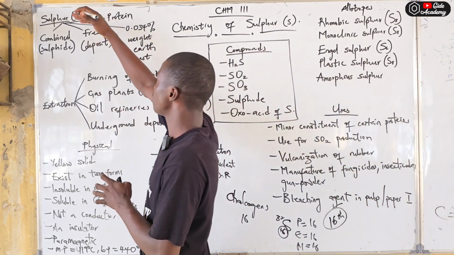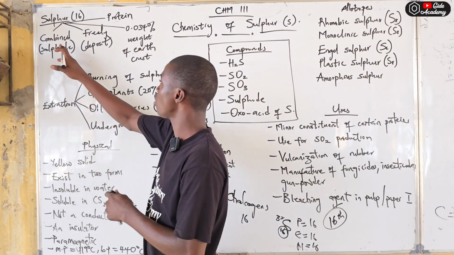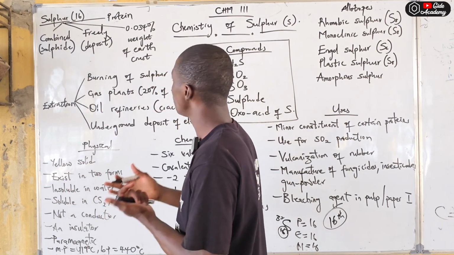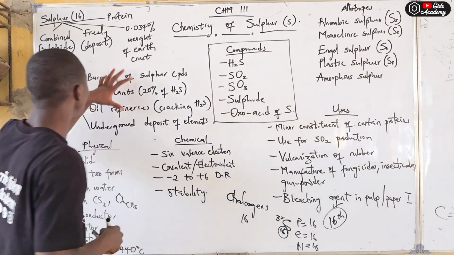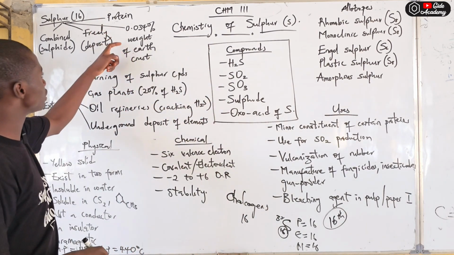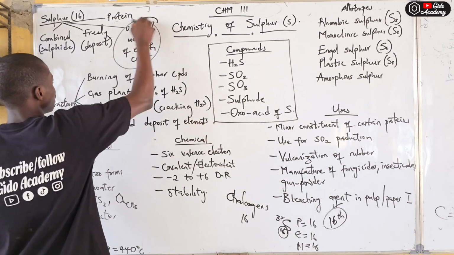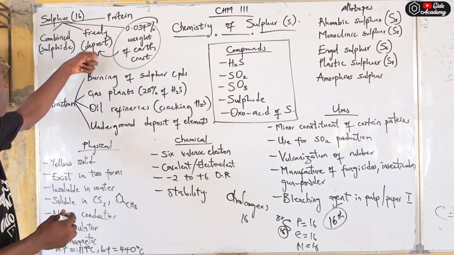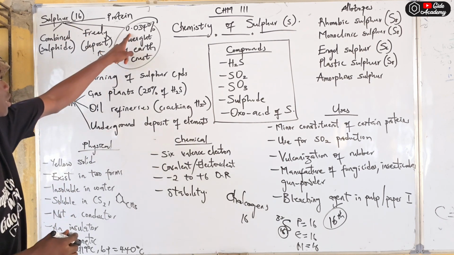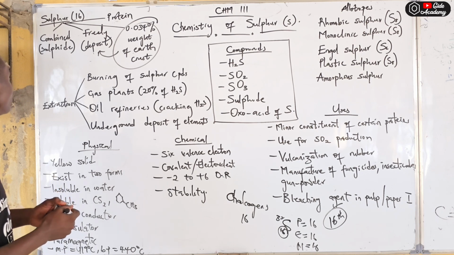So what about the occurrence of sulfur? Sulfur occurs in a combined state, in free form, and in proteins. It occurs freely as 0.034% of the earth crust, as deposits with other elements. So it occurs freely in deposits, and the percentage is 0.034 weight of the earth crust.